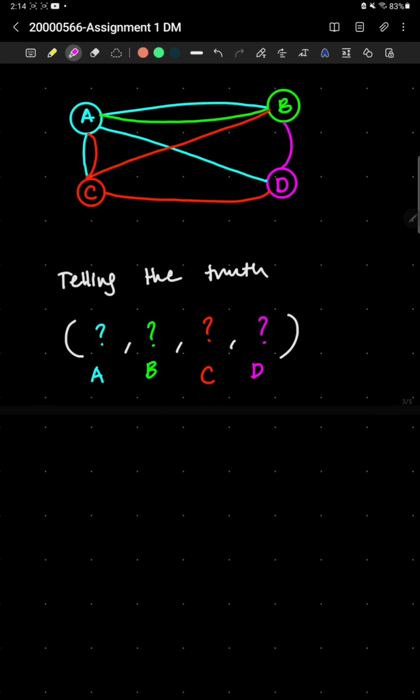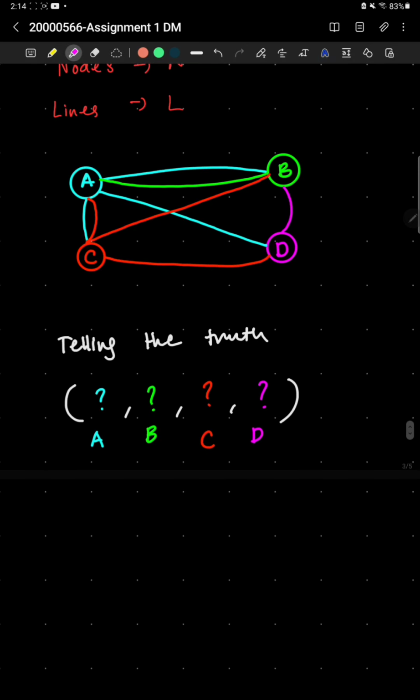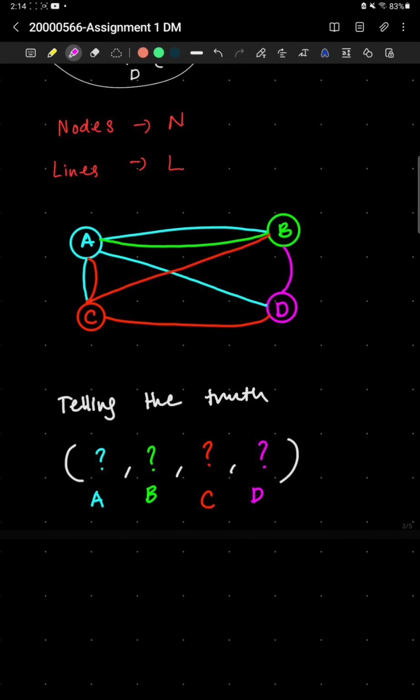What is this? This is like a truth table. It will tell you how many people are telling the truth. So how do we determine that? Let's go one by one.